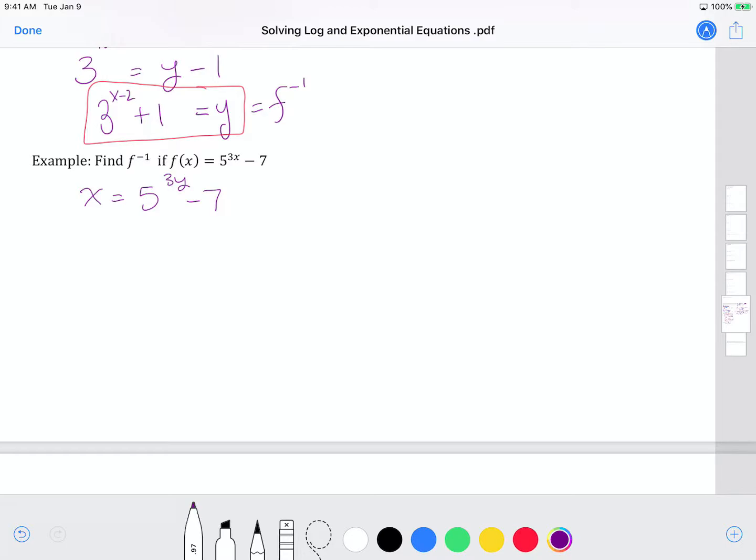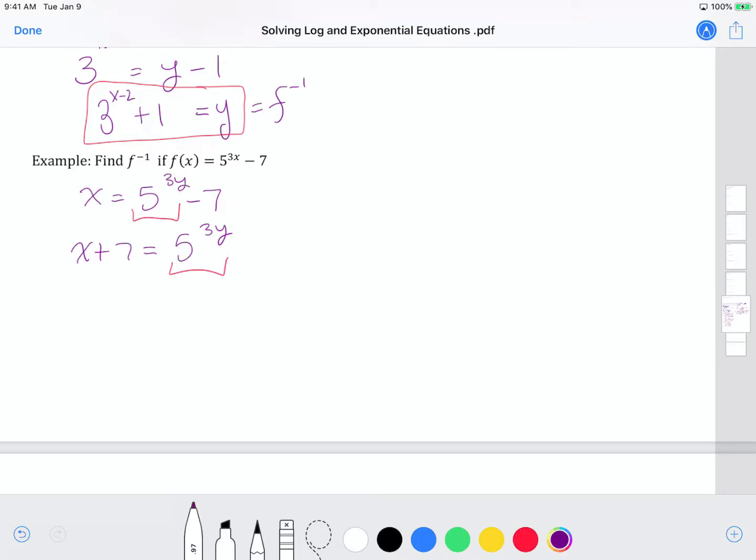Well, when I solve an exponential equation, I want to get the exponential part by itself and then put it in log form. So I'm going to first add 7 to both sides. And now that I have the exponential part by itself, I'm going to now put it in log form.